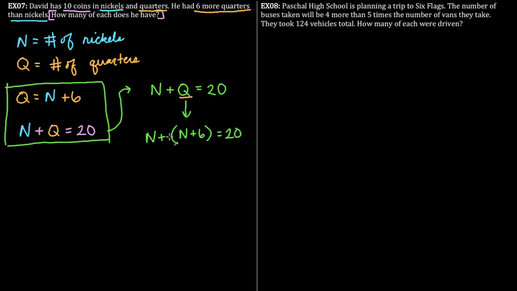I can drop these parentheses because there's just a 1 here. Then I'm going to combine like terms before I solve for N.